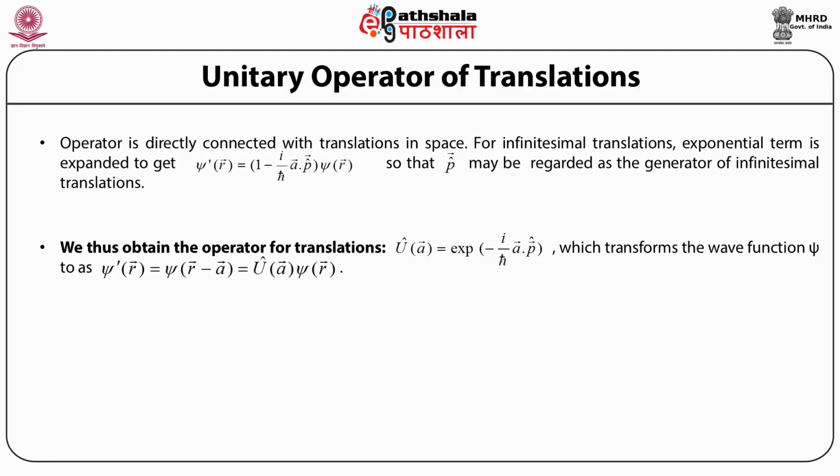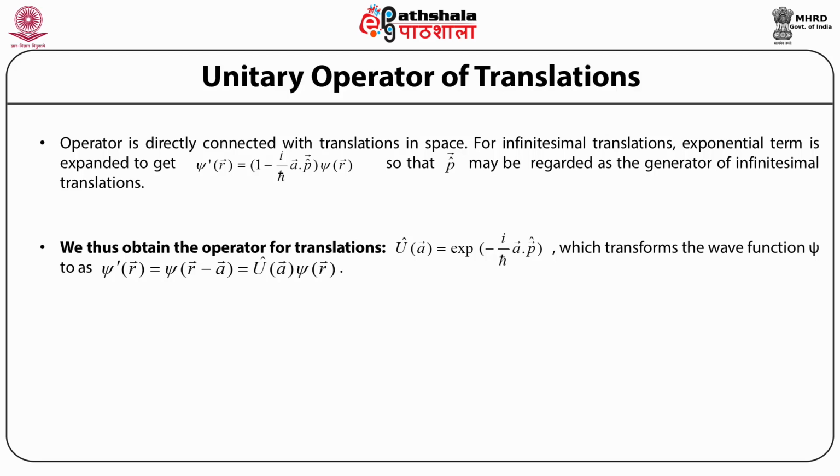And using this operator, we see that the wave function psi transforms as psi prime of r equal to psi of r minus a, and this can be represented by the operator for translations as psi prime of r equal to operator U of a times the wave function psi of r.